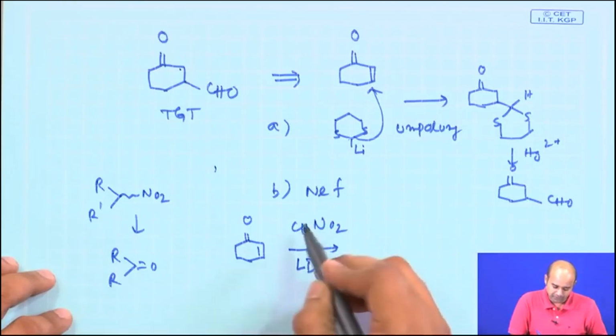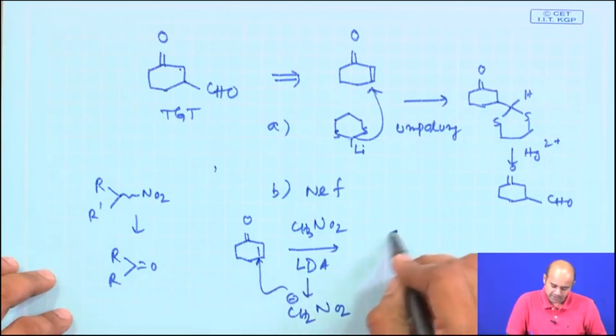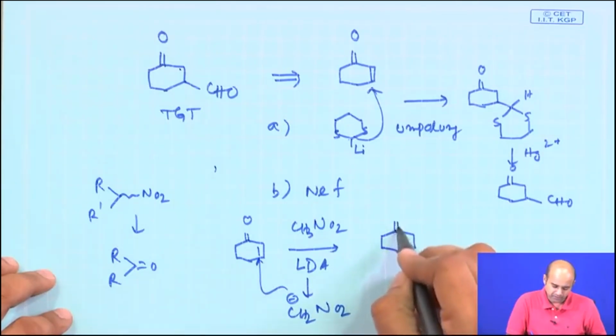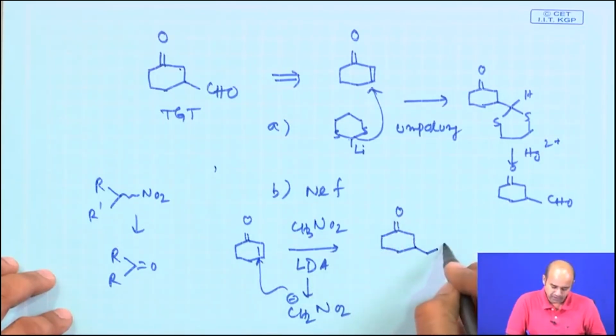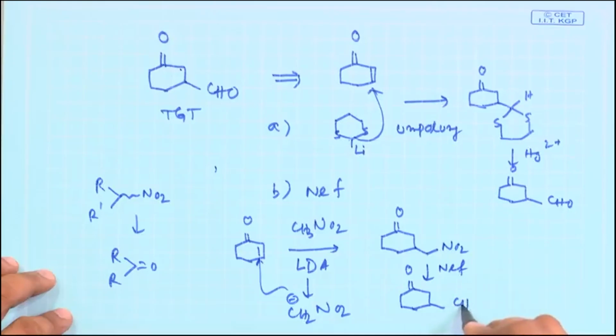Now, nitromethane is known to generate this carbanion. You react in a Michael fashion. So, basically you will be getting CH2NO2 and then do a Nef reaction, and you will end up with this product.